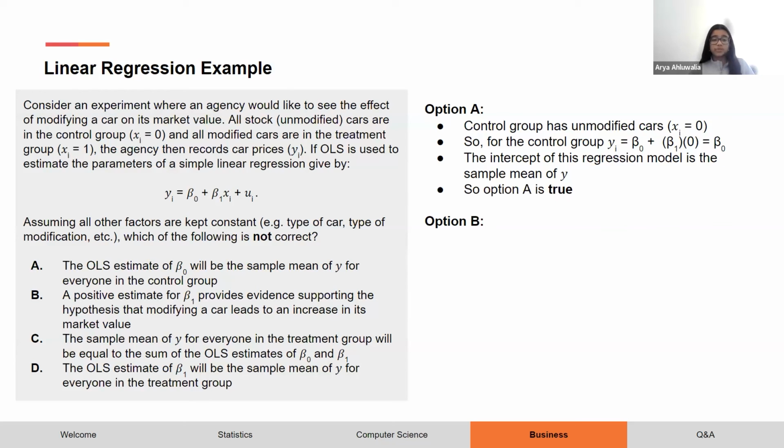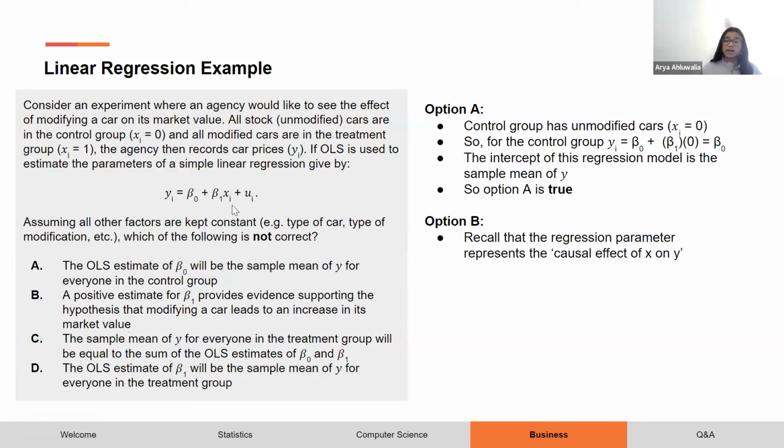If we look at option B then, option B says a positive estimate for beta 1 provides evidence supporting the hypothesis that modifying a car leads to an increase in market value. So we're looking at beta 1, which is a regression parameter on Xi. And we have to remember that regression parameter means causal effect, right?